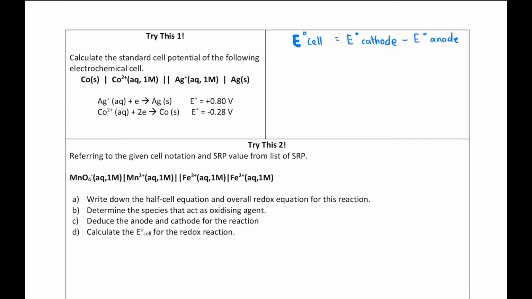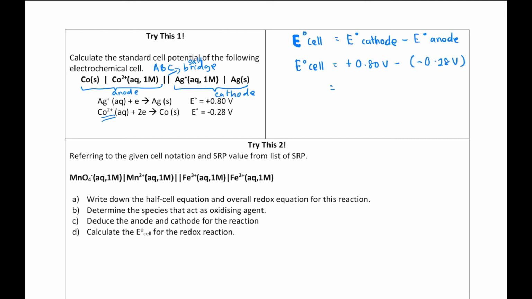Alright, so E naught cell yang kita nak cari, E naught cathode kita yang mana? Okay, so kena determine cathode anode kan. This is cell notation. Okay, so dia ada ABC rule. Okay, so from here we can figure out silver adalah cathode. So the value E naught for silver is 0.80 volt minus with cobalt punya adalah negative 0.28 volt.